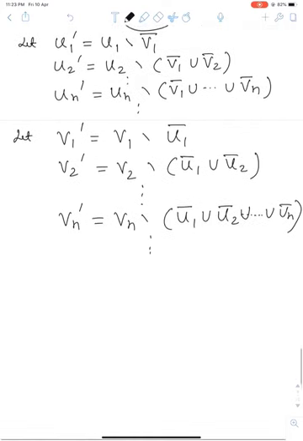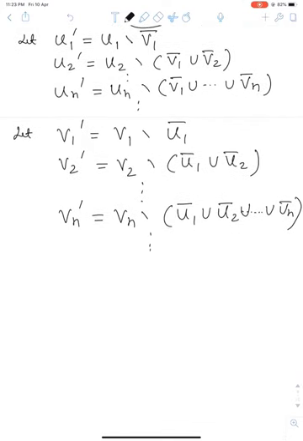Now observe that each of ui dash and vi dash are open, right?